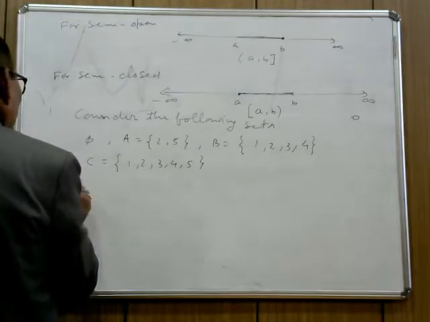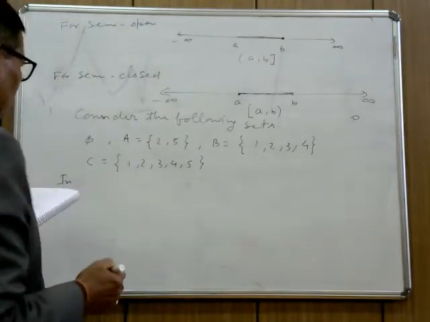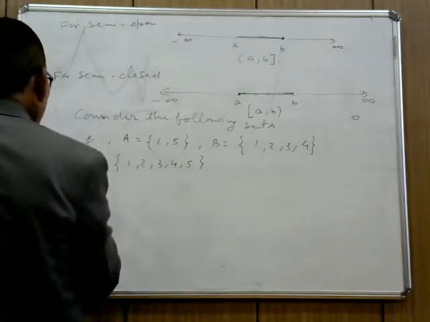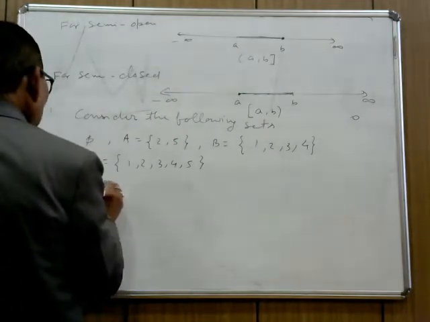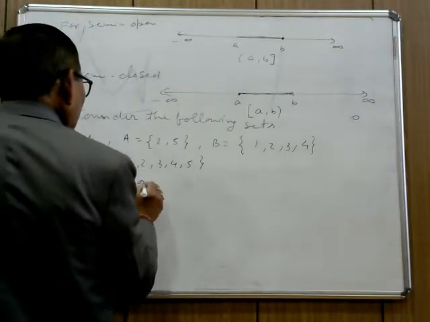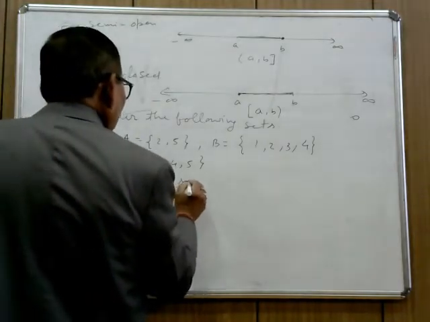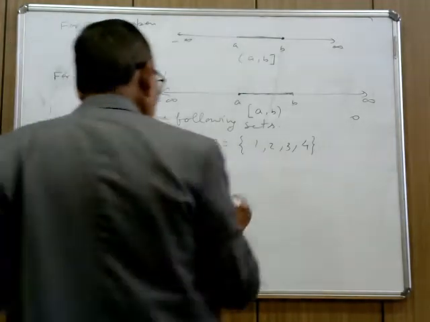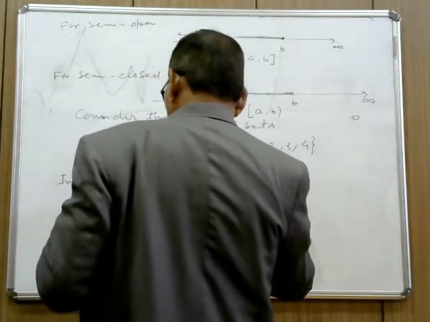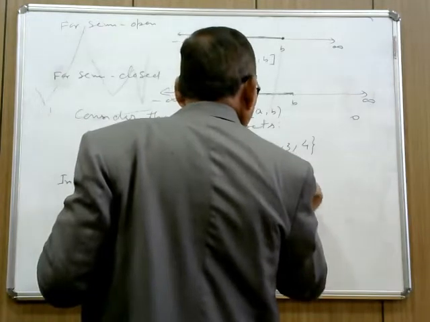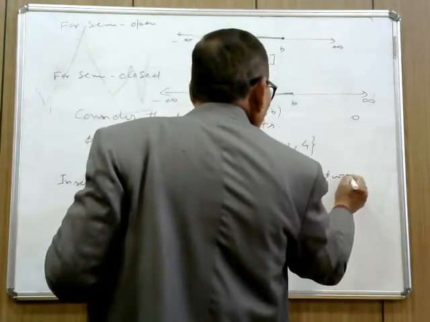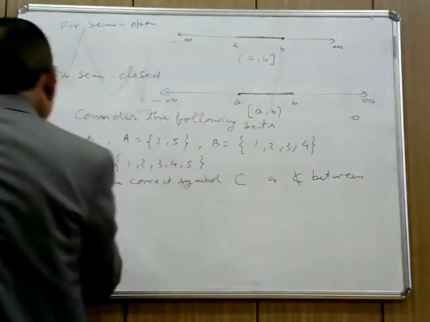My question is, your sets phi, A, B, C are defined. In this question you have to insert the correct symbol, subset of or is not subset of, between each pair of sets.